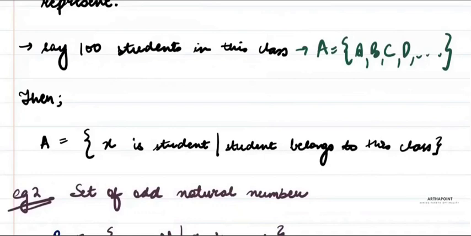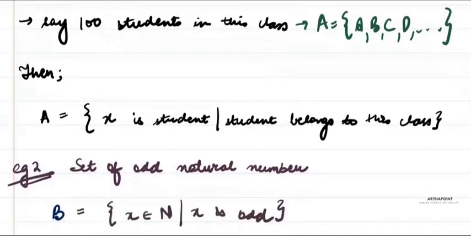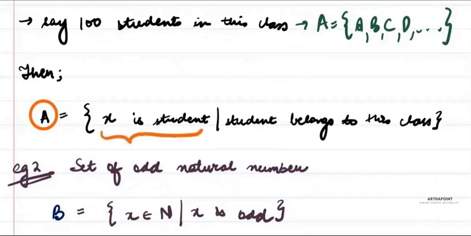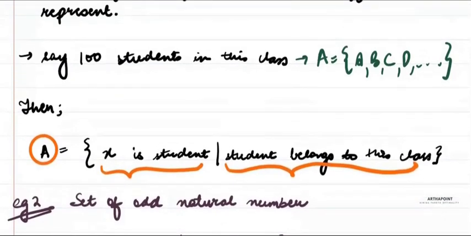What's the way? Let's look here. Define my set A. A takes care of all the students. A can only consist of students, but which students? Only those students which belong to this class. So here I'm going to give the condition of the set.